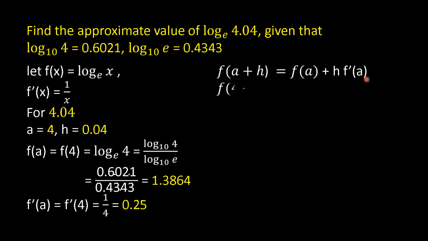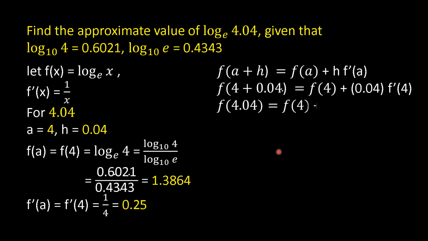Now we have the estimation rule f of a plus h equals f(a) plus h f dash a. So that will be f of 4 plus 0.04 equals f of 4 plus 0.04 times f dash 4. It will be f of 4.04, which will be f of 4 plus 0.04 multiplied by f dash 4.